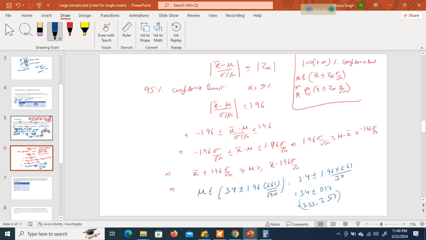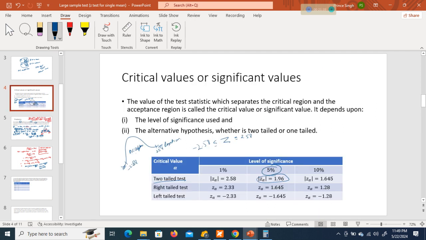Similarly for 98%, that means 1% from each side. So 1% from each side means 2.33. 2% means 1% from the left hand side, 1% from the right hand side, right? Because when we exclude 1% from this side, its value is minus 2.33, and when we exclude 1% from this side, its value is plus 2.33.